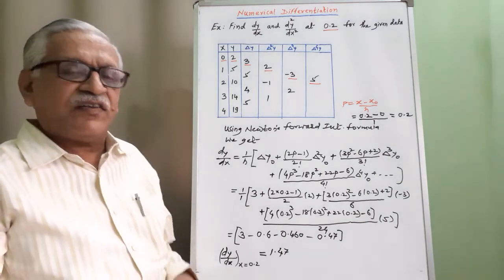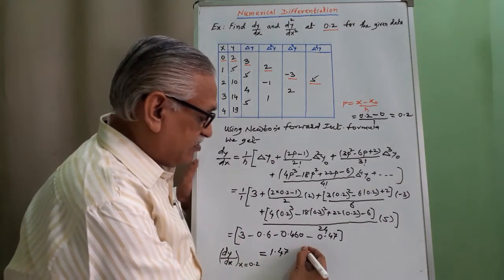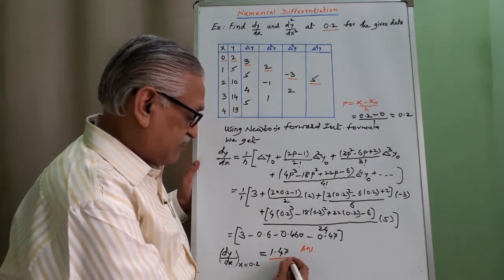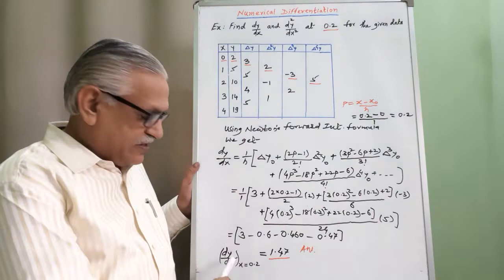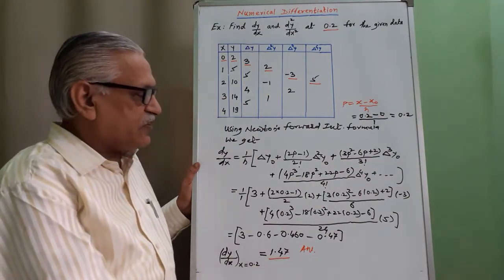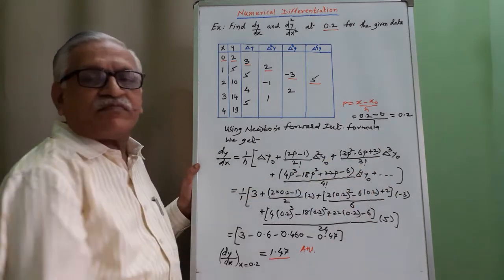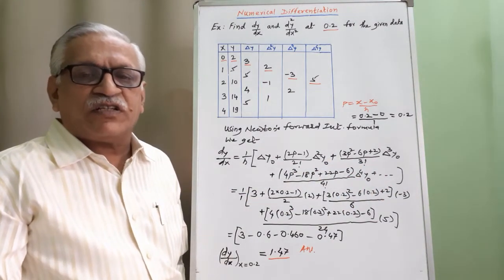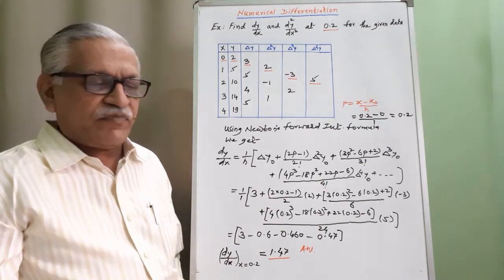Therefore, this is the answer. The value of dy by dx at the given point 0.2 is equal to 1.47, obtained by this formula. That formula is obtained using Newton's forward interpolation formula.